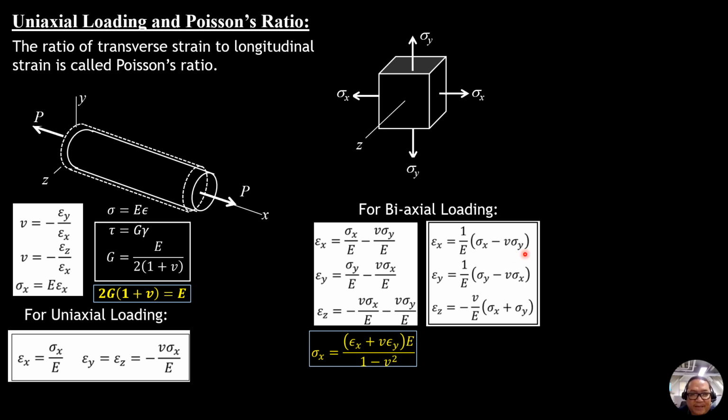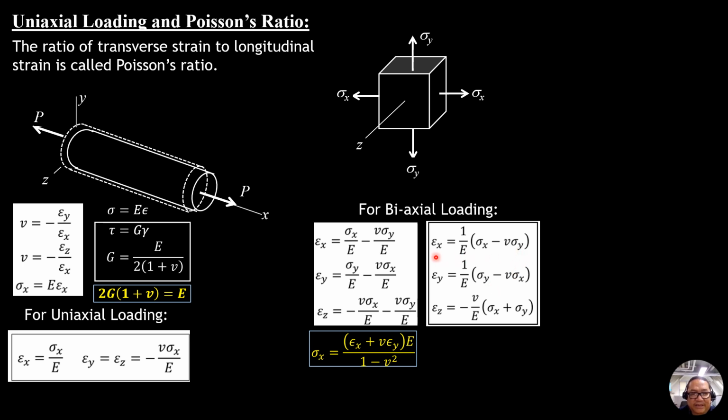So Poisson's ratio sigma y is then replaced by Poisson's ratio times sigma y over E, where sigma y is Poisson's ratio times strain along y, from this equation.